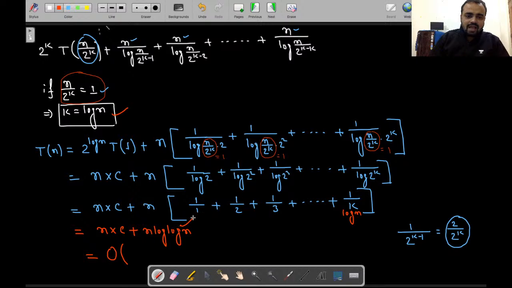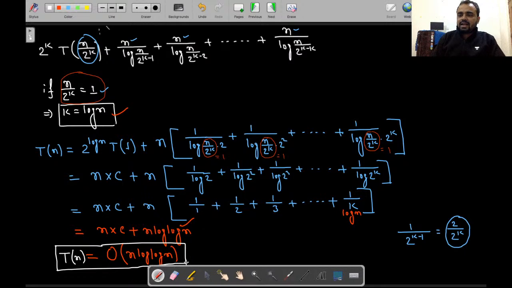This one is deriving the higher value, so it will become n log log n. So finally, this is the time complexity of the given recurrence. Clear, everyone? This is the time complexity of the given recurrence relation.